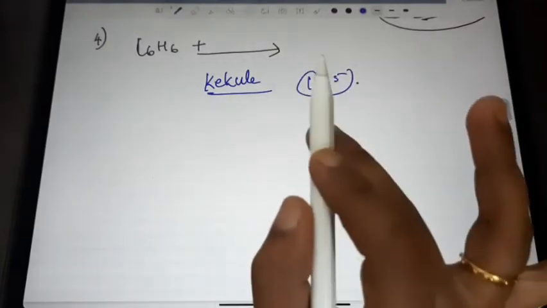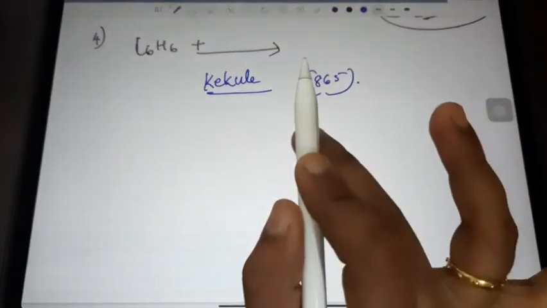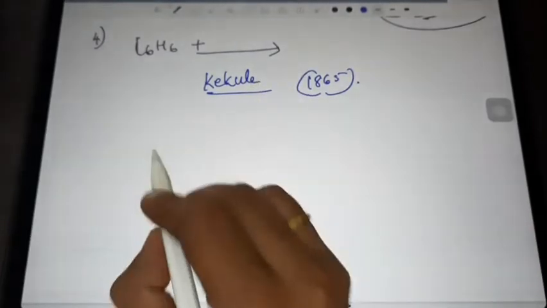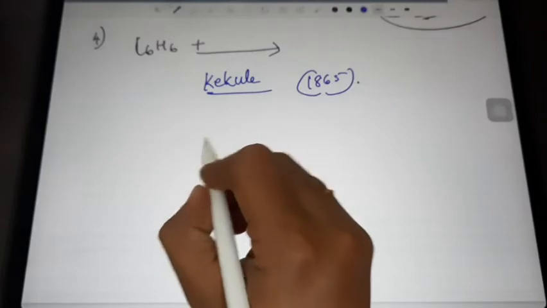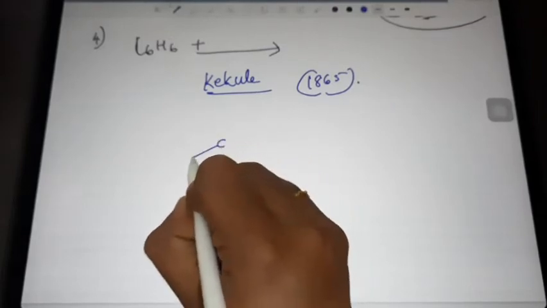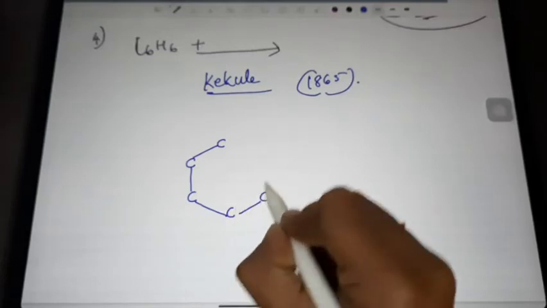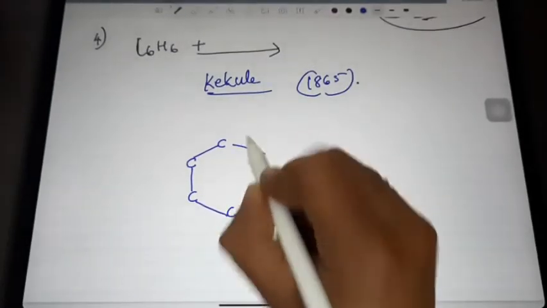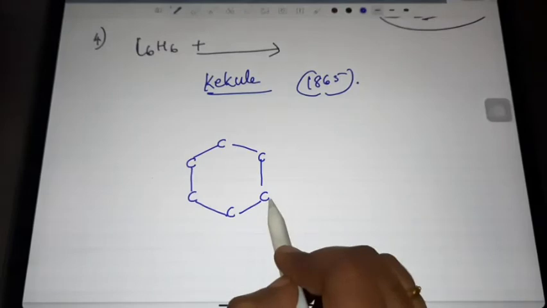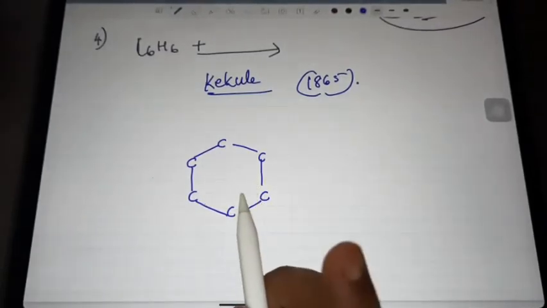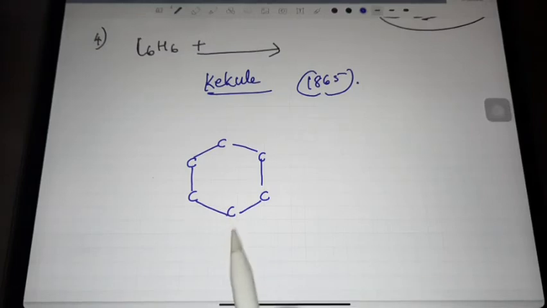So in his proposed structure, benzene has a cyclic arrangement of 6 carbon atoms. Cyclic arrangement of 6 carbon atoms means C, C, C, C, C, C, numbered 1, 2, 3, 4, 5, 6, with alternate single and double bonds.